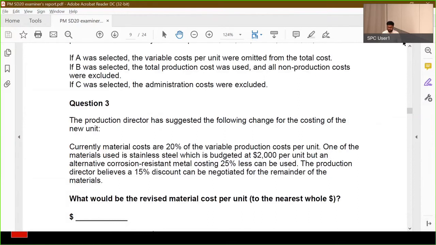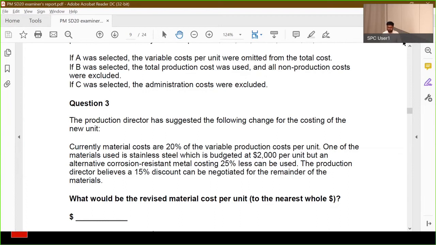One of the materials used is stainless steel, which is budgeted at $2,000 per unit, but an alternative corrosion-resistant metal costing 25% less can be used. The production director believes a 15% discount can be negotiated for the remainder of the materials. What would be the revised material cost per unit to the nearest dollar?